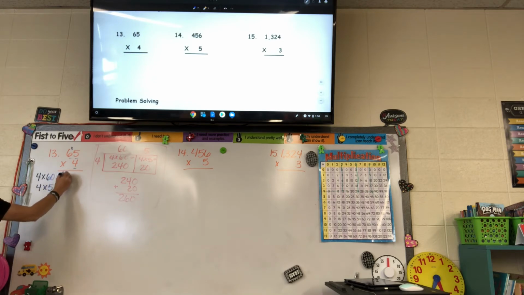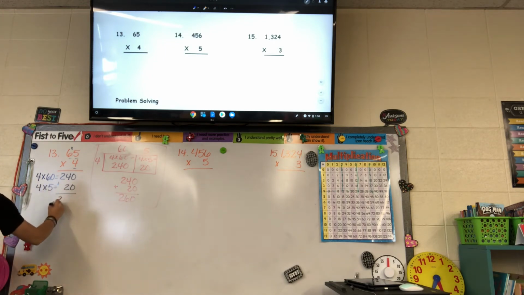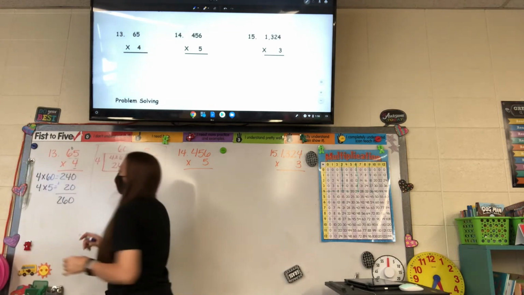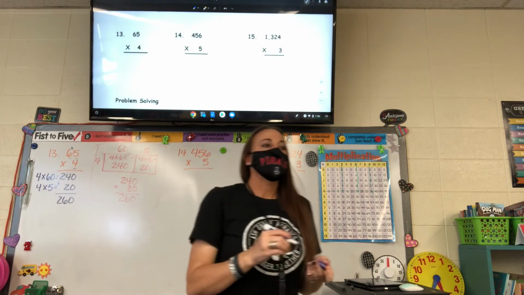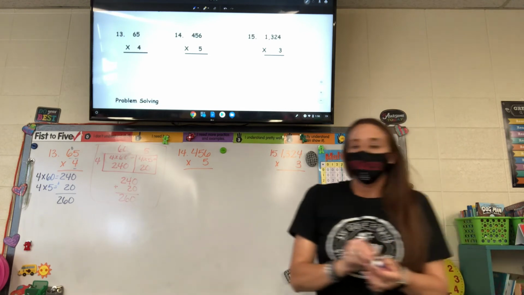We solve those using our basic facts and zeros, and then we stack them and add them. If you want to do the partial products method, you will copy everything that I wrote in blue. The final one is the regrouping method.